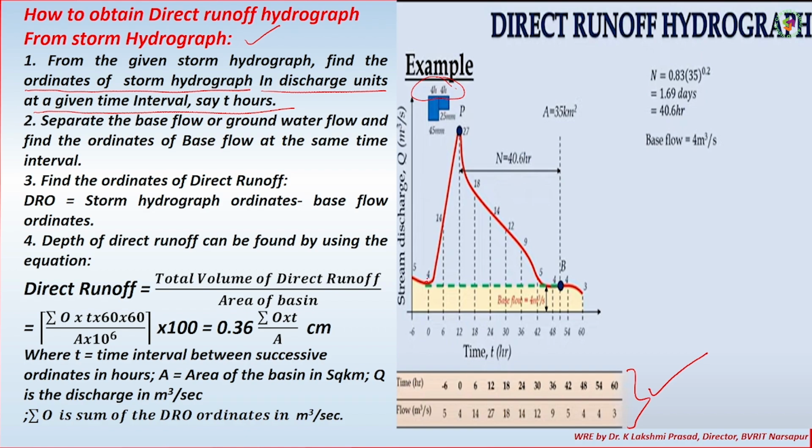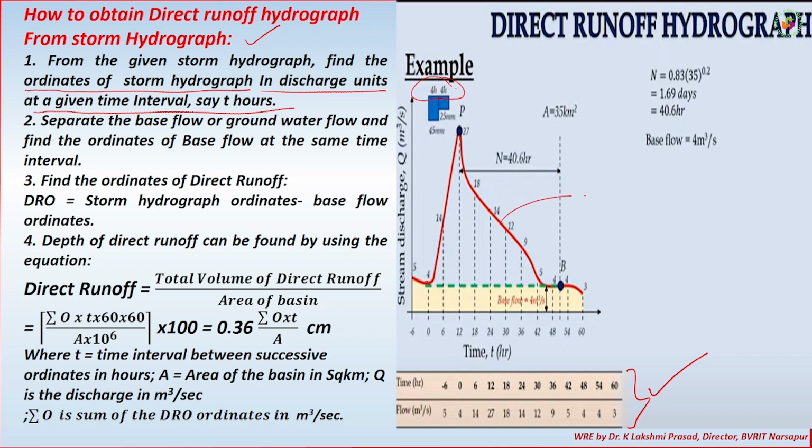If you understand that, you can always start from 0 and go up to 60. You plot the stream discharge on the y-axis and time interval on the x-axis, and plot the curve. That is what the storm hydrograph means.